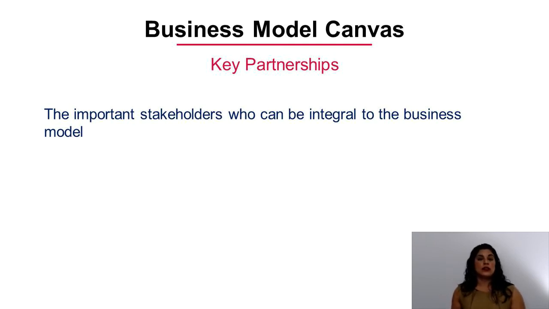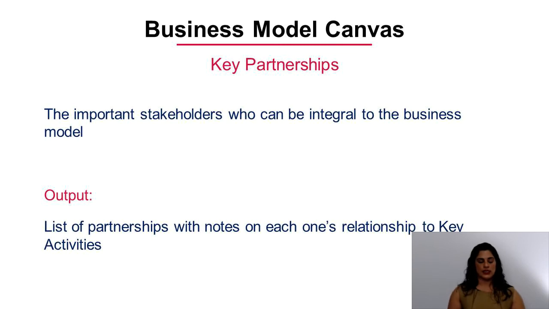However, we do need legal help from time to time, and so we outsource that to a law firm, or accounting and bookkeeping, right? So just thinking about what's critical versus not, and for those things that are critical, what partnerships can you leverage to achieve those activities? So again, you want to have a list of partnerships with how they relate to each key activity.